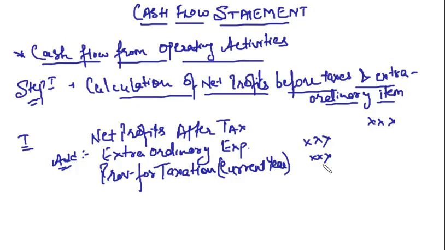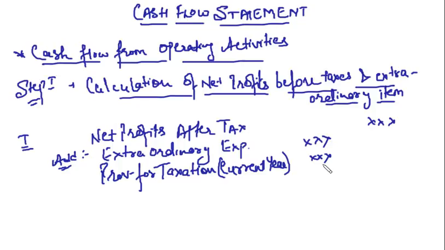Why are we adding back provision for taxation? Because there is no actual cash outflow or inflow from this provision. You have 100 rupees in your pocket and you are creating a provision in your mind that you have to spend rupees 50 tomorrow on buying a notebook. But it is not involving the actual cash outflow while you are creating a provision today.